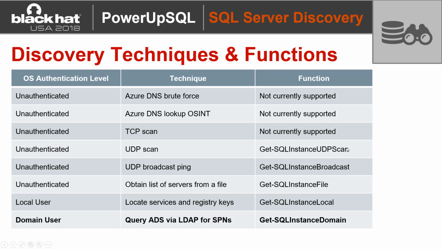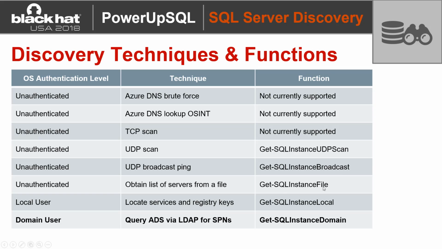This has the ability to do UDP scanning across a broadcast domain or across broadcast domains. There is a Get-SQLInstanceBroadcast, which will send a broadcast out within your broadcast domain. So it says, hey, everybody, is anyone a SQL Server instance? And the SQL instance will say, hey, I'm over here. So that's kind of neat.